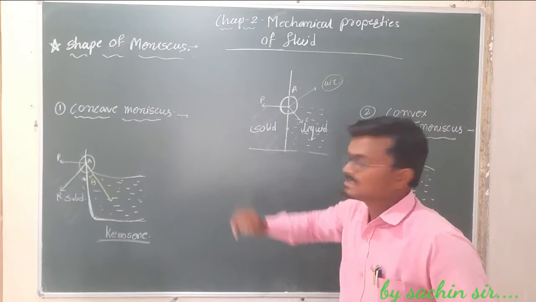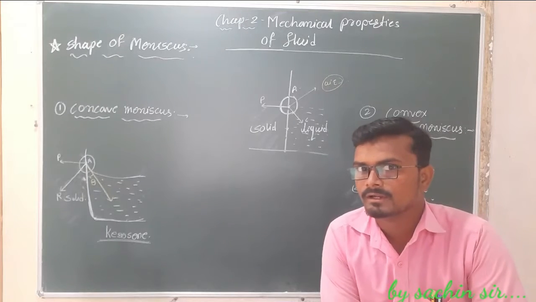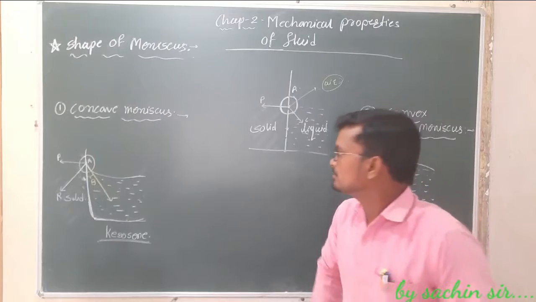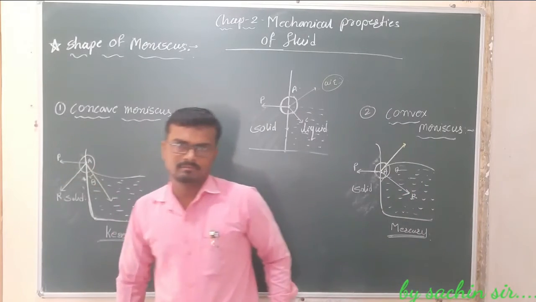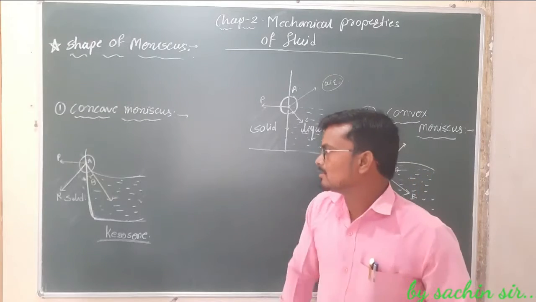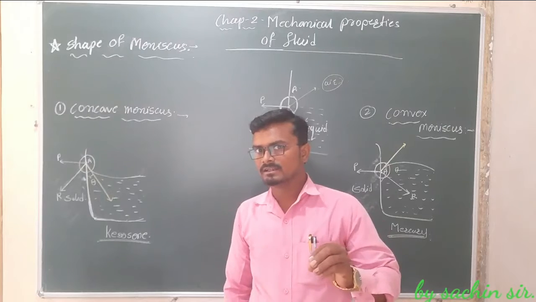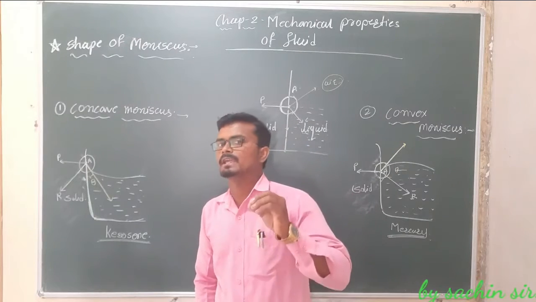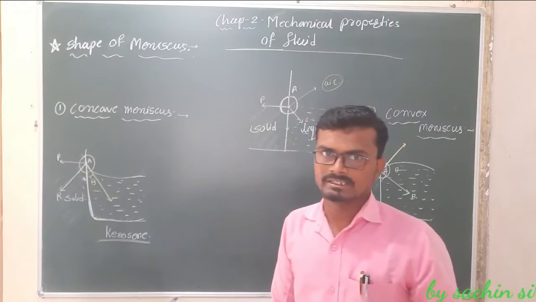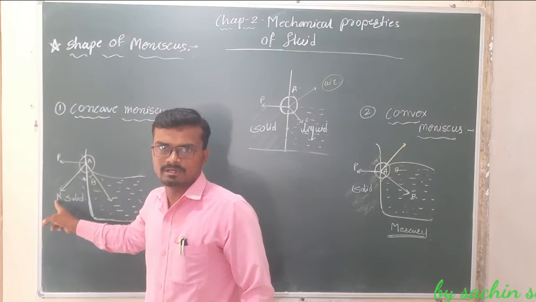For a plain meniscus, we already discussed that in the case of a liquid which partially wets the solid, like kerosene, the adhesive force AP bar between the solid and liquid is greater than the cohesive force between the liquid molecules. Because of that, the resultant of AP bar and AC bar, by the parallelogram law of vector addition, lies inside the solid, represented by AR bar.